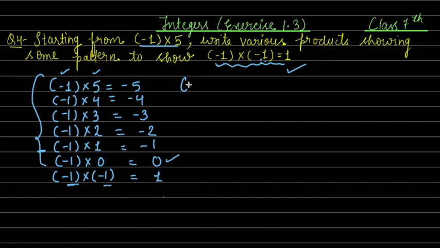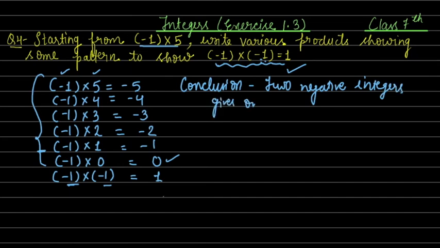So what you can write as conclusion? Two negative integers give one positive integer. As you see, minus 1 into minus 1 is giving us plus 1. And what can be second statement?